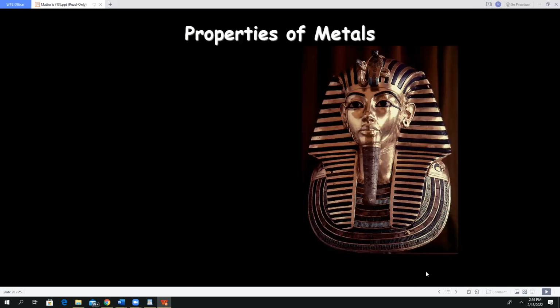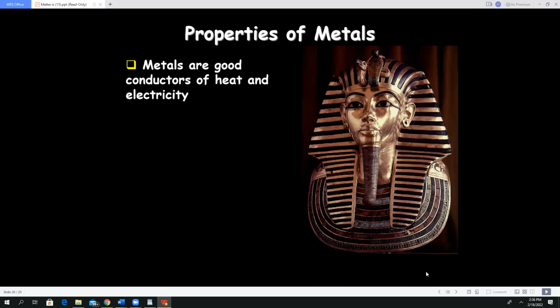All right, here are the properties. You might want to write these down. Properties of metals, well, you can kind of see them. They're shiny, right? They have luster. You know that they conduct heat very well because copper is used in wires to conduct heat and electricity.